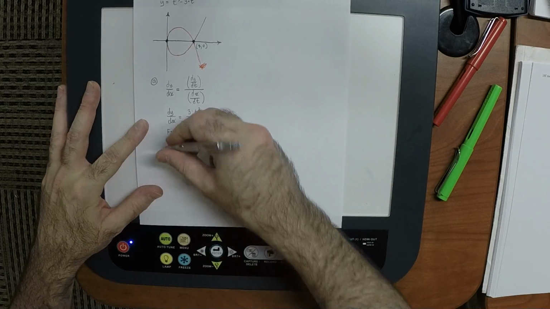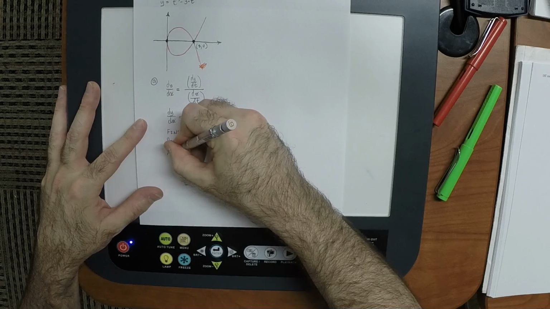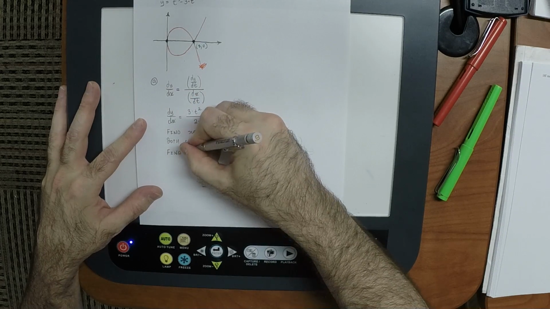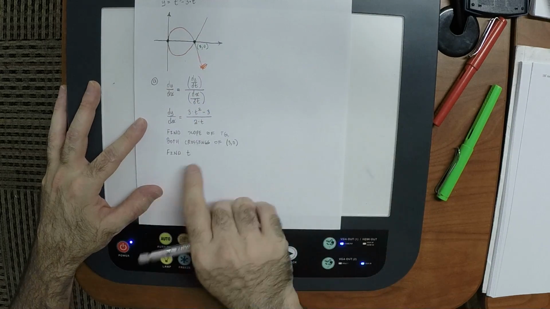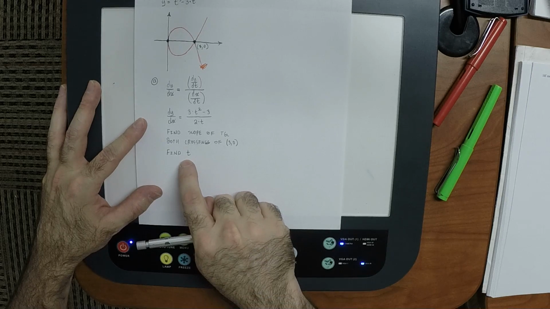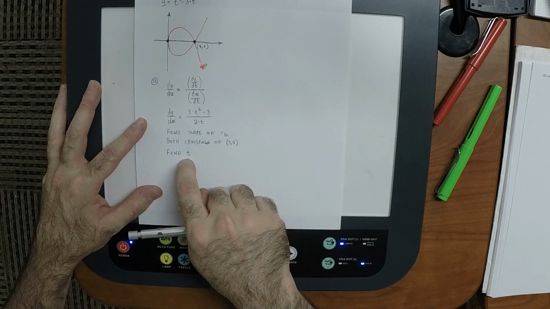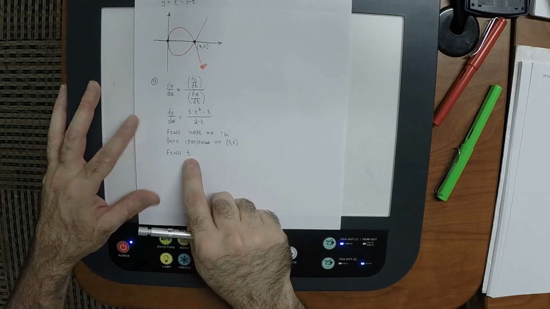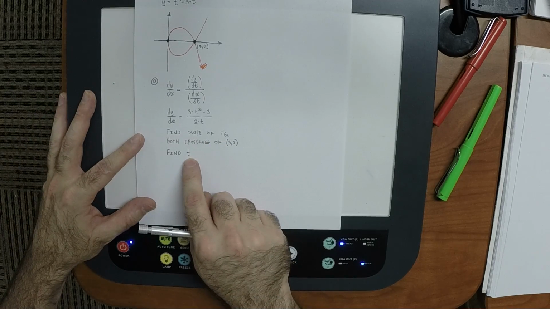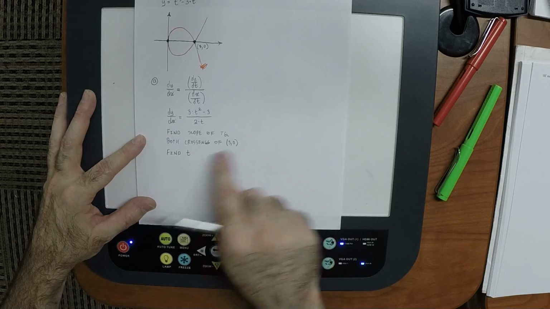So the first order of business is we need to find the t's, and how many do we expect to find?